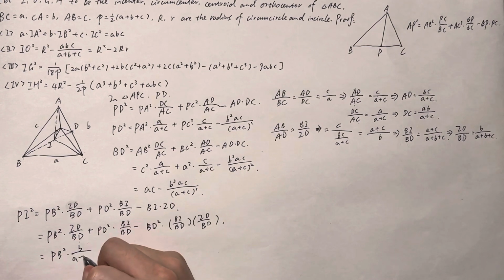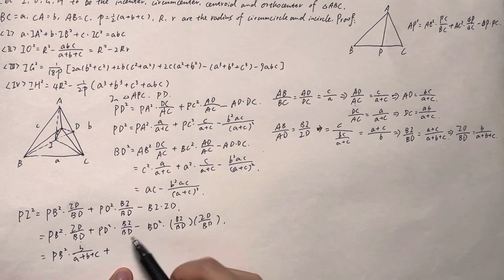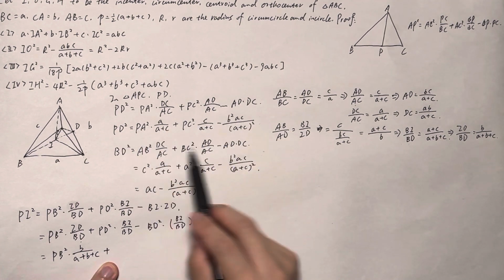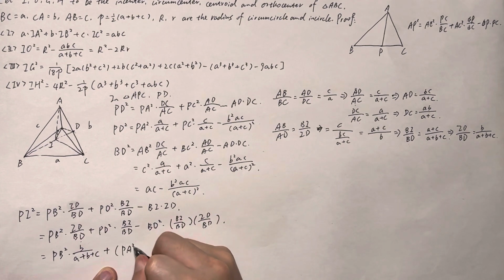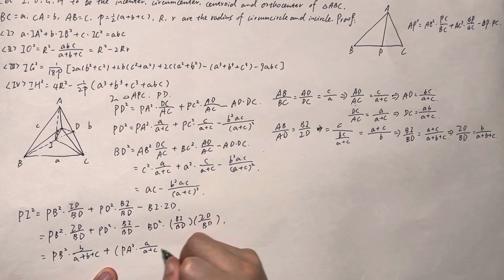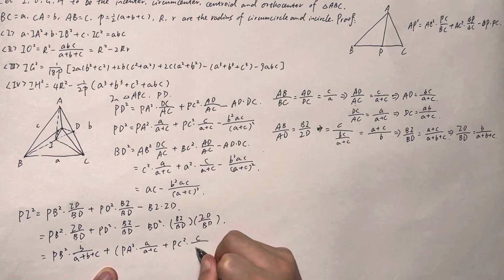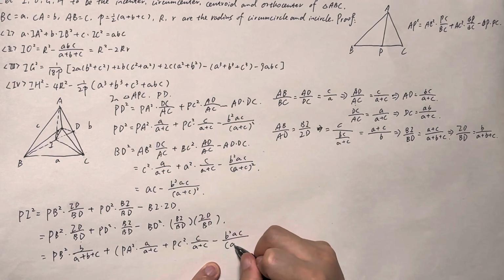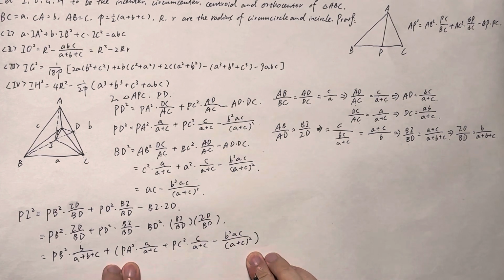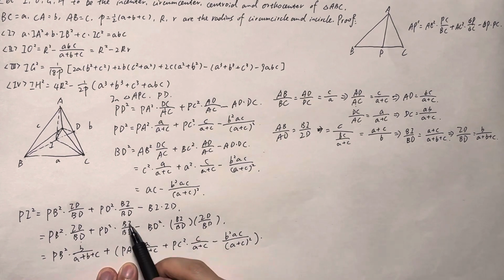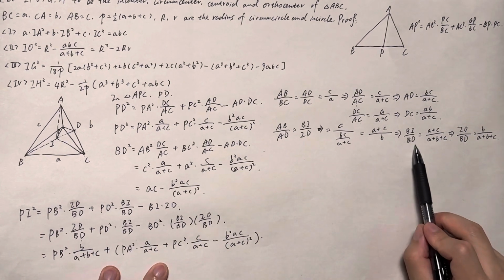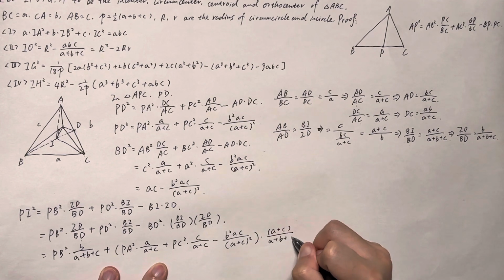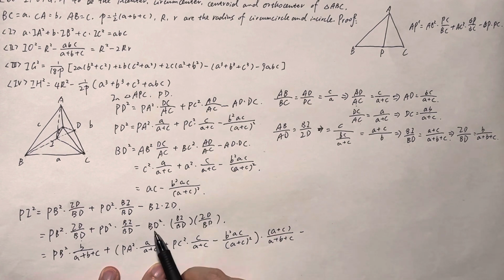That's B divided by A plus B plus C, plus PD squared. PD squared is this one, right? So PA squared times A divided by A plus C plus PC squared times C divided by A plus C minus B squared AC divided by A plus C squared. This is PD squared times BI to BD. BI to BD, that's A plus C to A plus B plus C, minus BD squared.